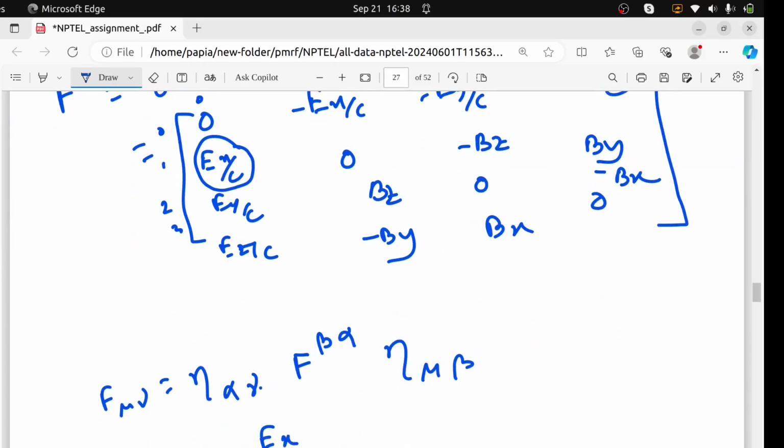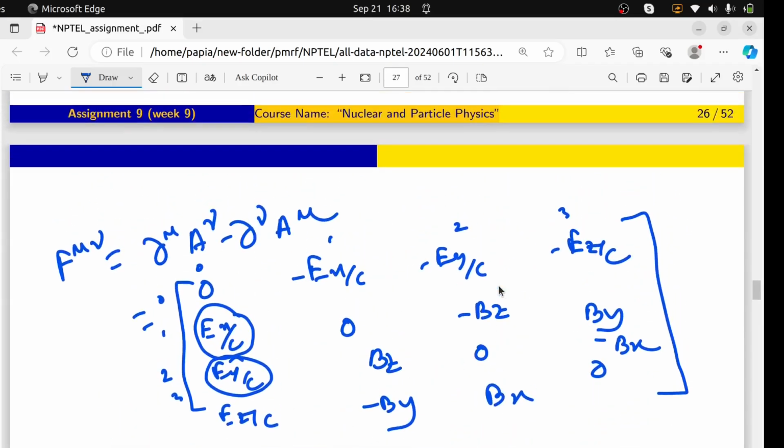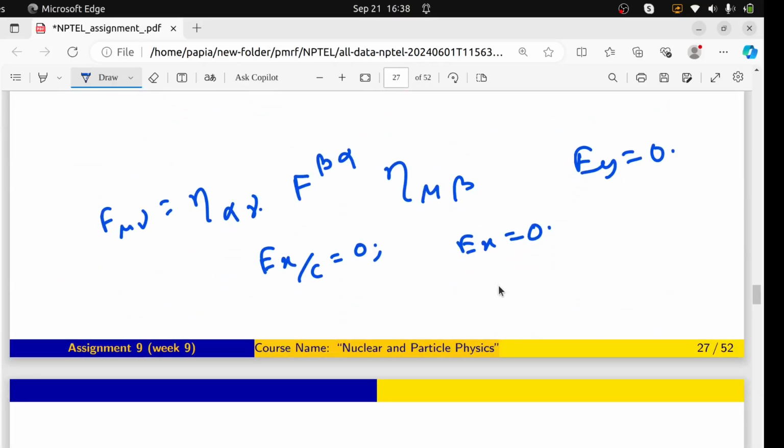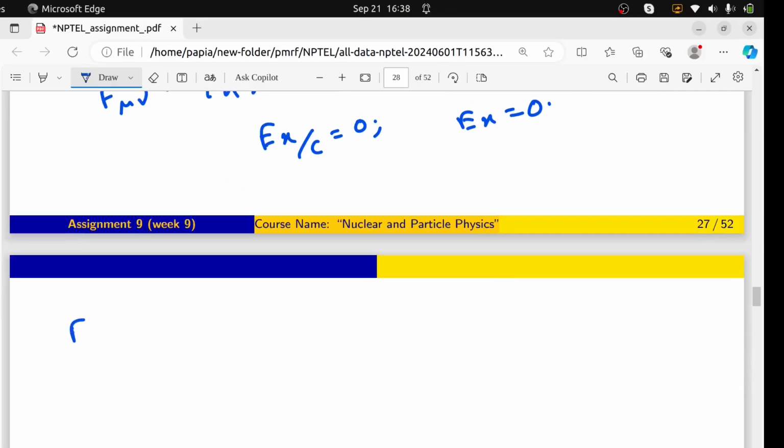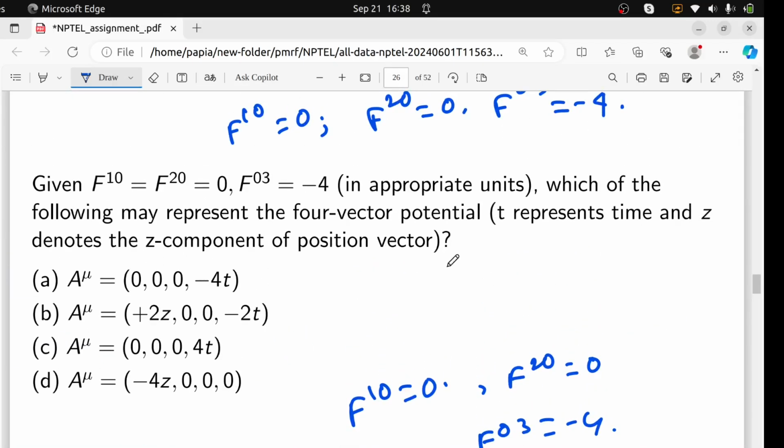So Ex by c is equal to 0. That means obviously Ex is 0. Now coming to F20, this one, Ey will be 0. And then F03. F03 means 0, then 1, 0, 1, 2, 3. So minus Ez by c is equal to minus 4, because it is already given here.